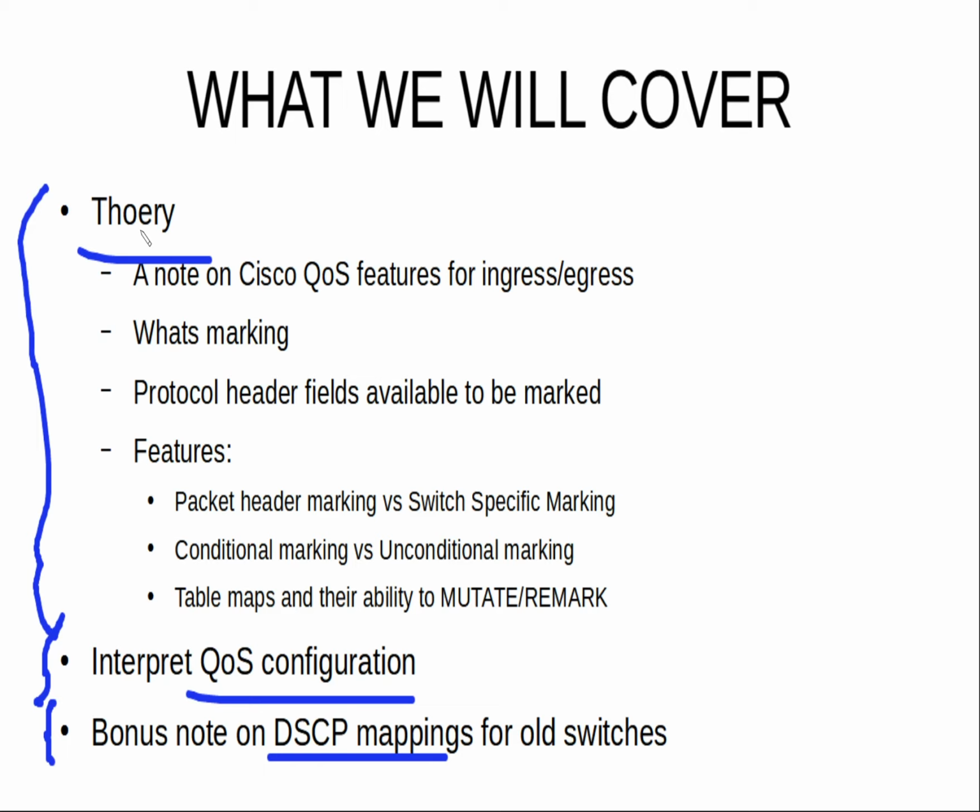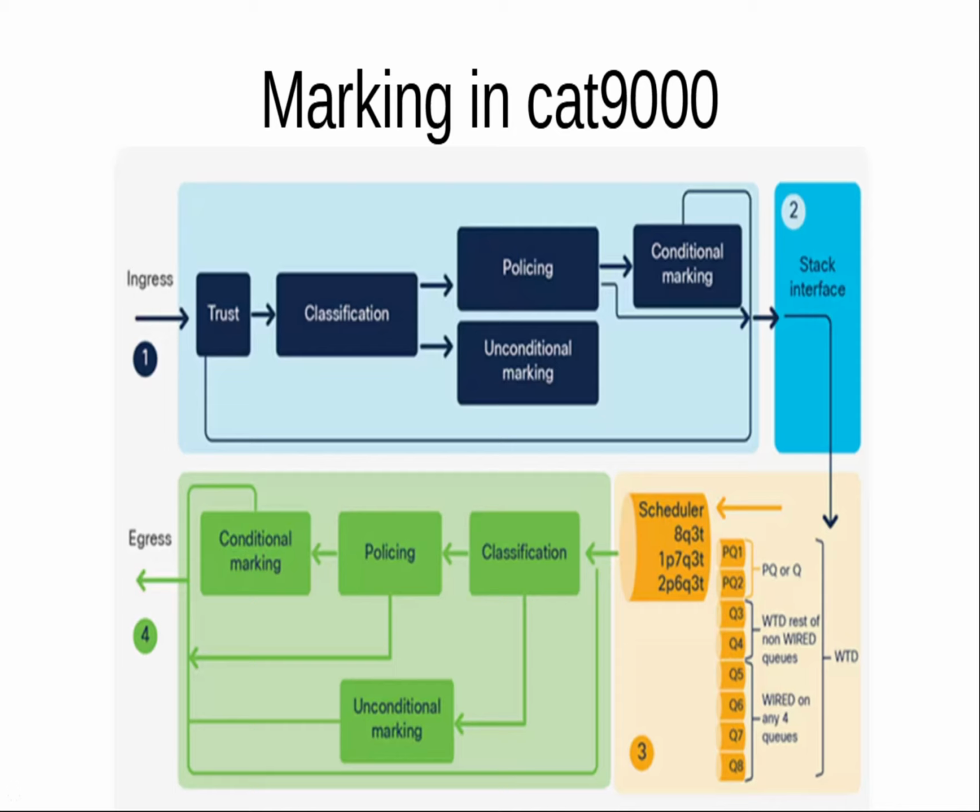So if you are already familiar with the theory about marking, you can just jump into the quality of service configuration examples. Just a note here, make sure to have some of these diagrams when working with a series of Cisco switches. In this case, this diagram applies to the Catalyst 9000s.